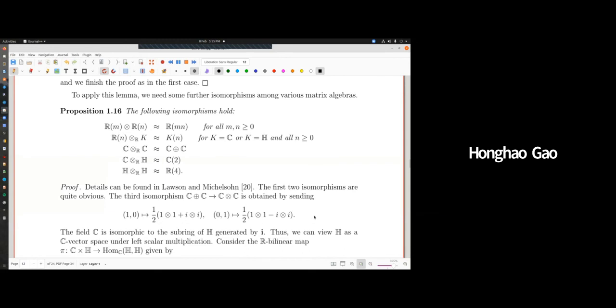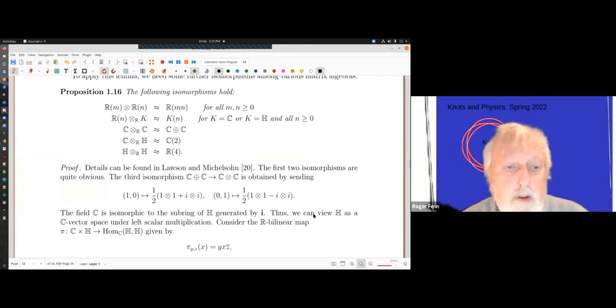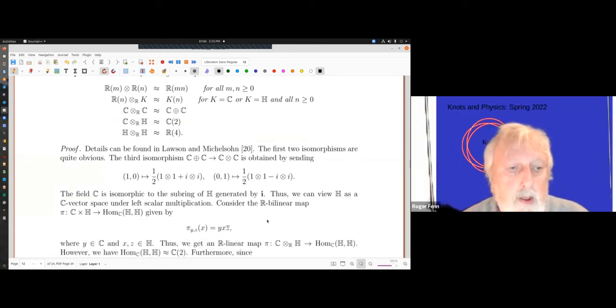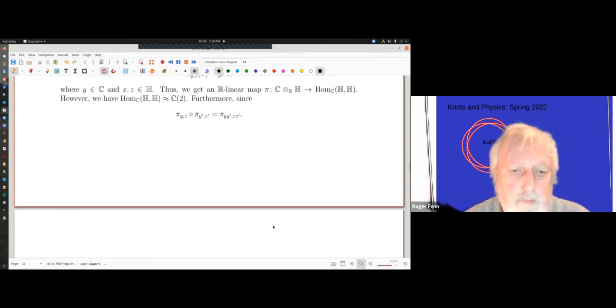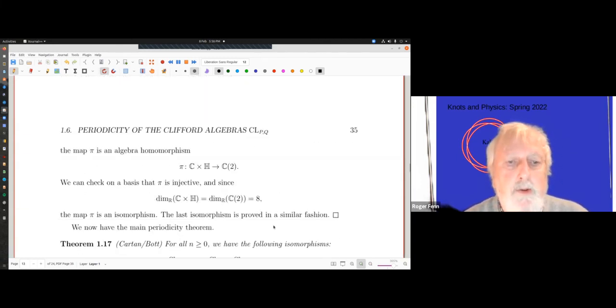And then we want this one here: C tensor over R of H is C(2), also here.